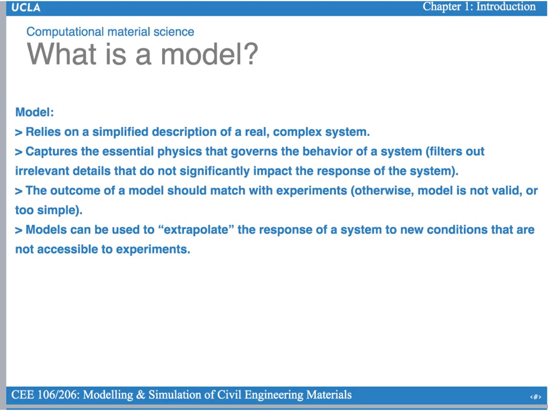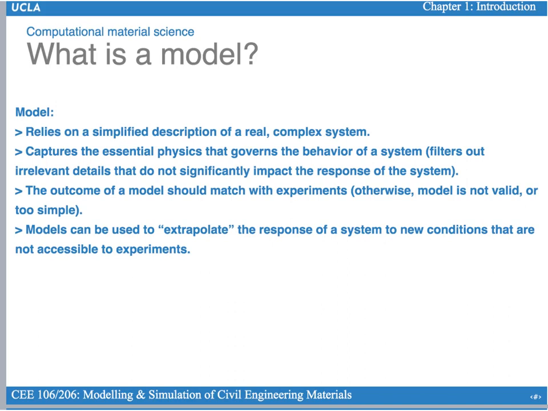Maybe you have filtered out too many details and you have lost some of the complexity of certain types of materials and certain types of systems. But in any case, if your model does not agree with experiments, then either there is something about the experiment that you are not understanding properly, or your model is not correct or too simple.